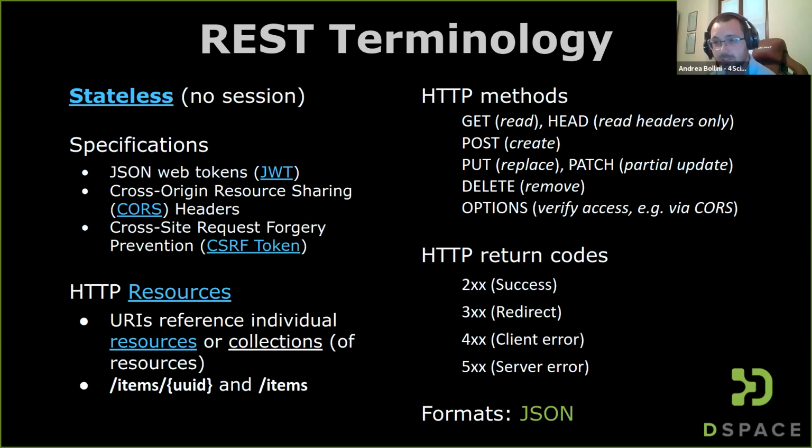And a single resource is just something that can be addressed with a URI, so a single endpoint of our REST API. We use the HTTP methods in the proper way, so that when we read information, for instance, we use the GET method.